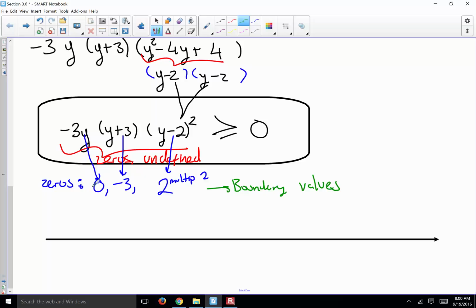First, you need to line these numbers up, sort them from smallest to biggest, and put them on this line. So where is 0? 0 is right in the middle. Where is minus 3? Minus 3 is 3 left, somewhere here. Where is 2? 2 is somewhere here.